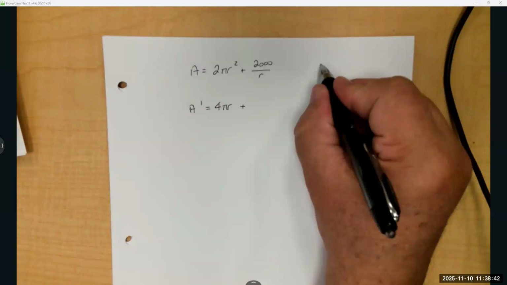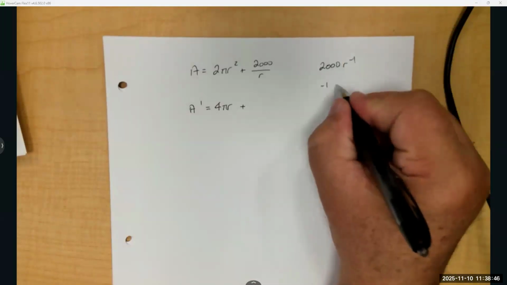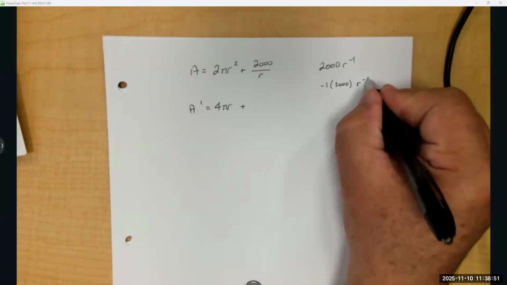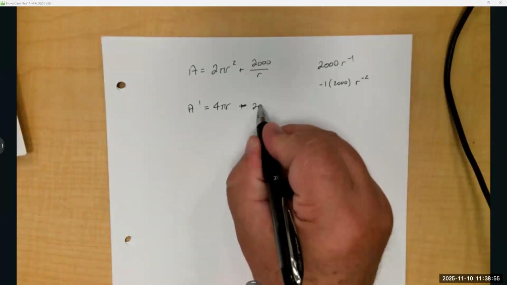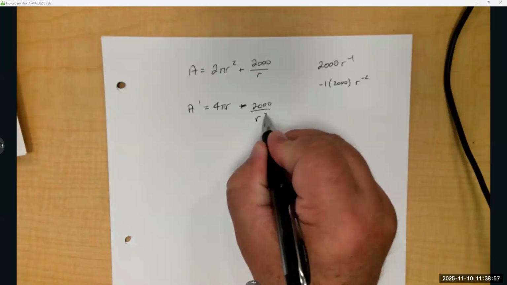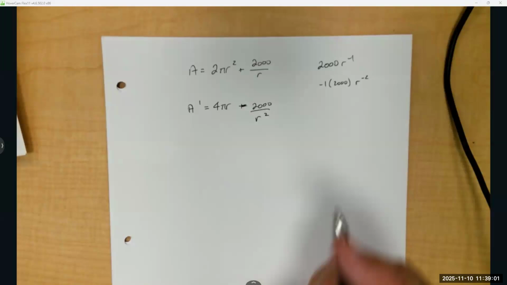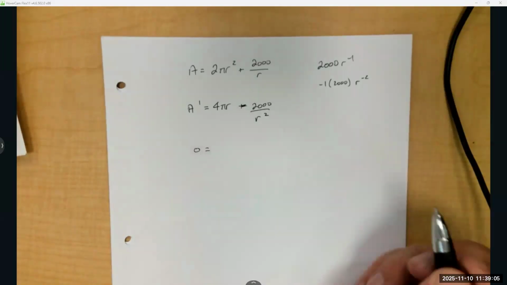Now I'm going to take the derivative of this one. So it's going to be minus 2,000 over r squared. Set it equal to 0.